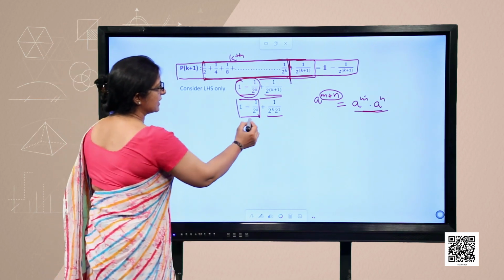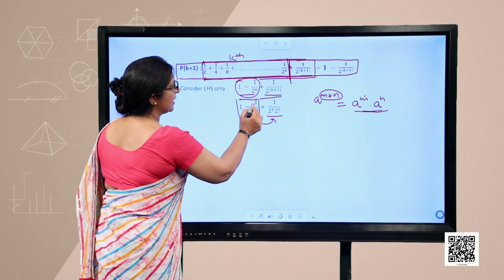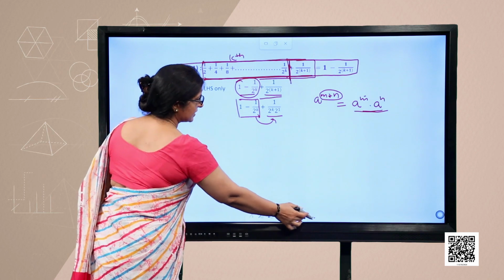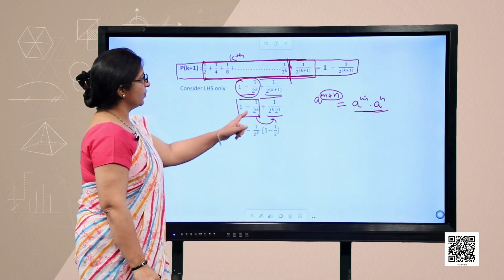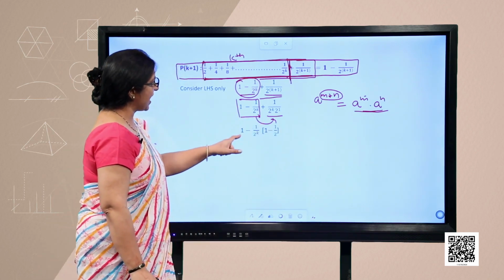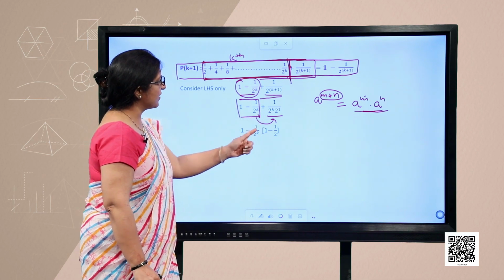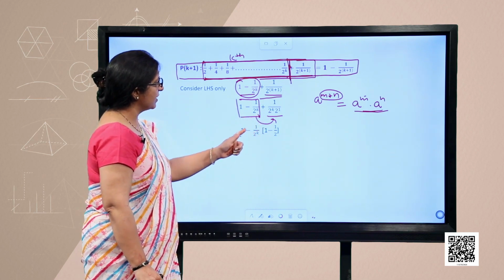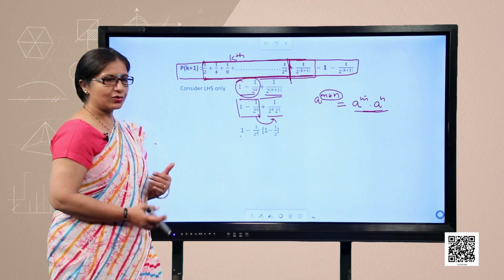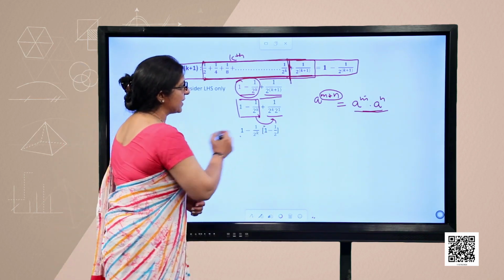Now, what you see in these two terms, 1 upon 2 to power k is common. Therefore, keeping 1 as it is, from these two terms we have taken 1 upon 2 power k with negative sign outside. What is left inside the bracket?